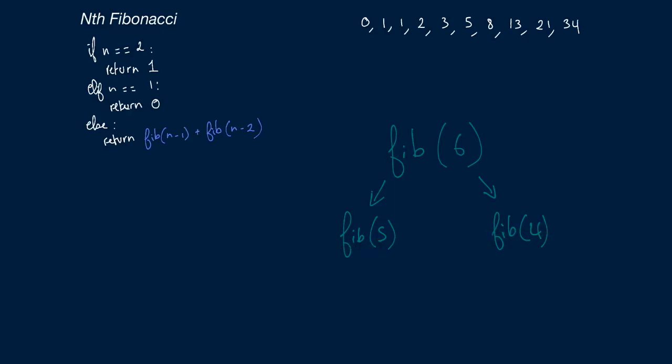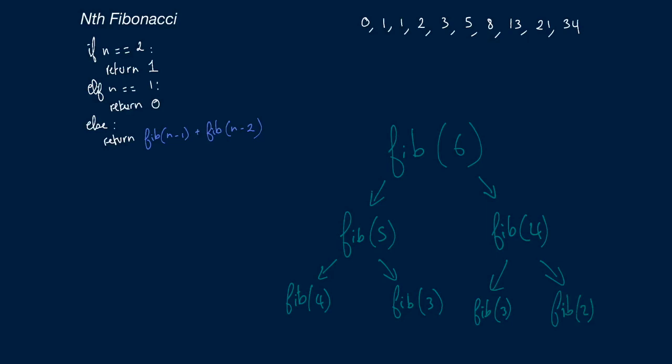And then fib of 5 is going to call fib of 4 and fib of 3. And fib of 4 is going to call fib of 3 and fib of 2.